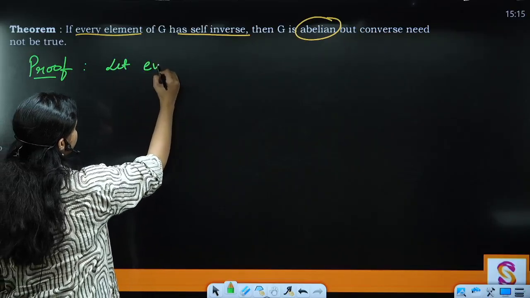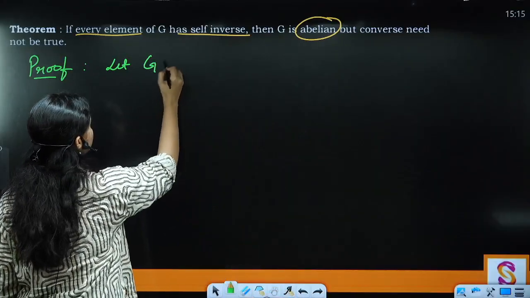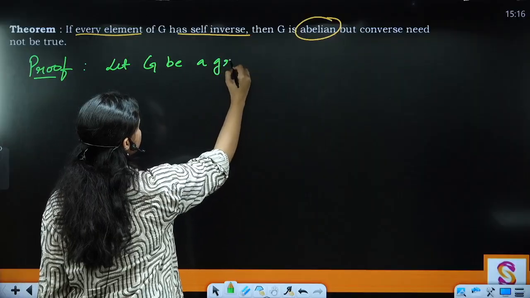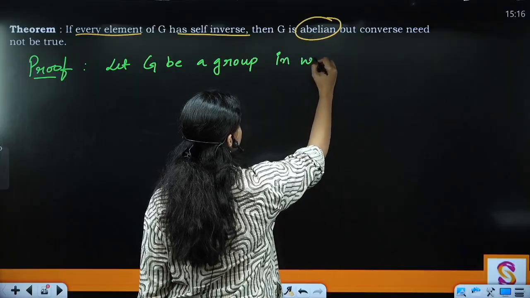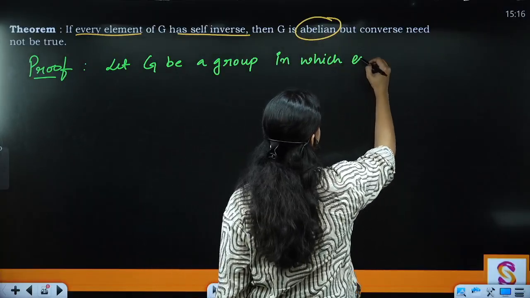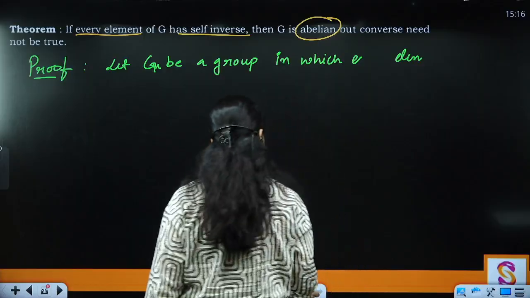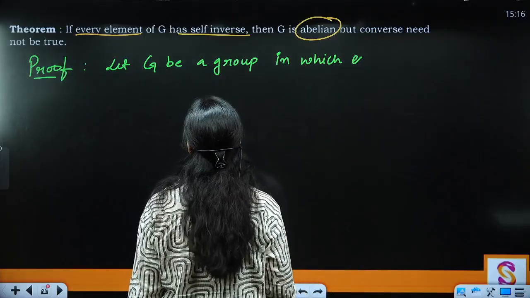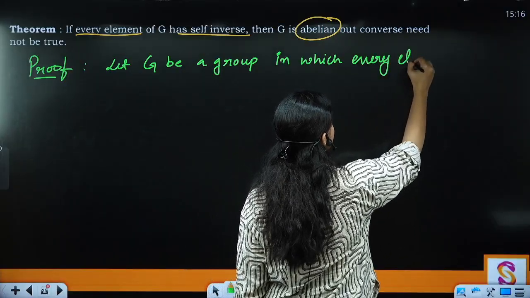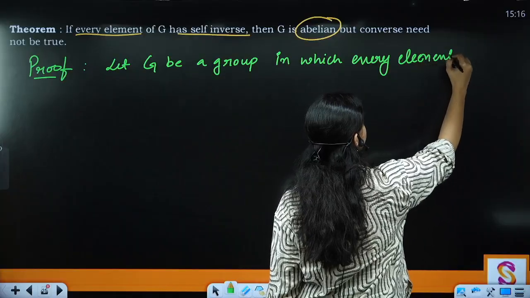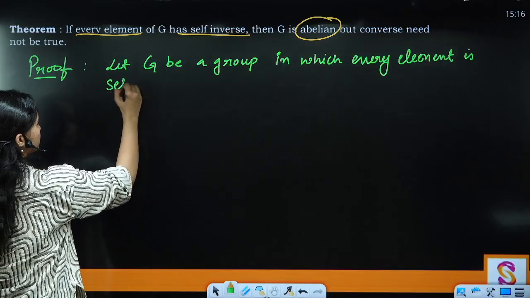Let G be a group in which every element is self inverse.